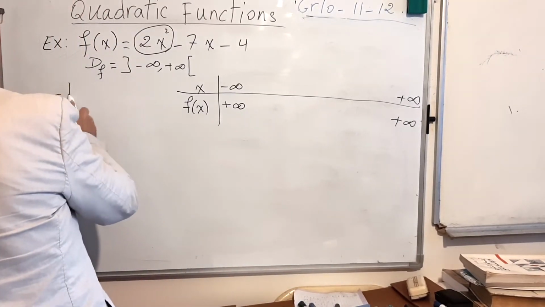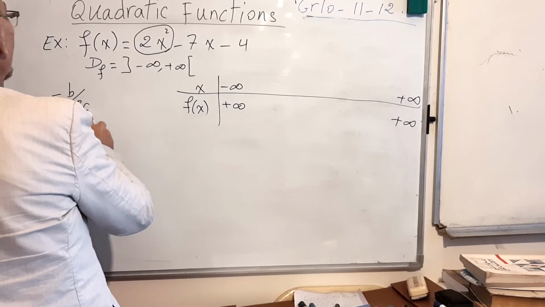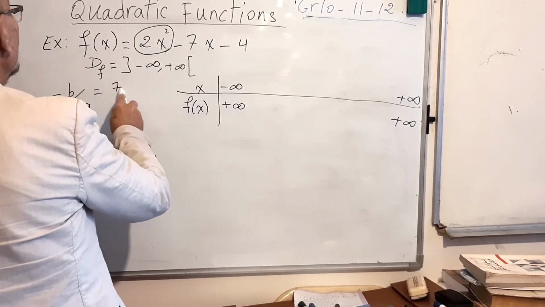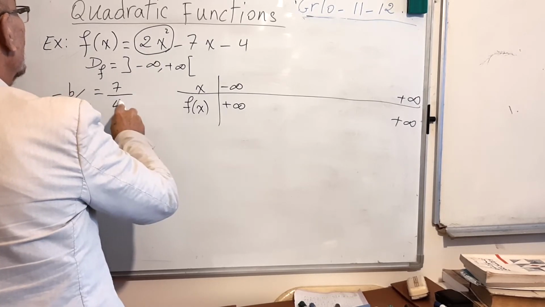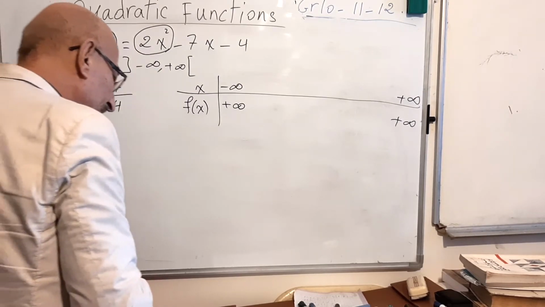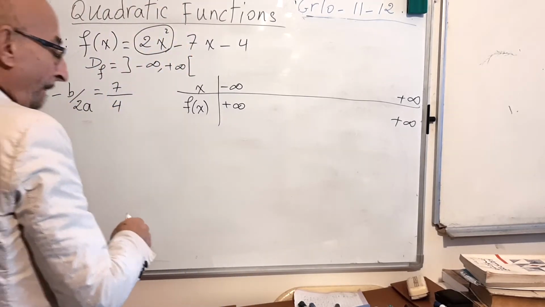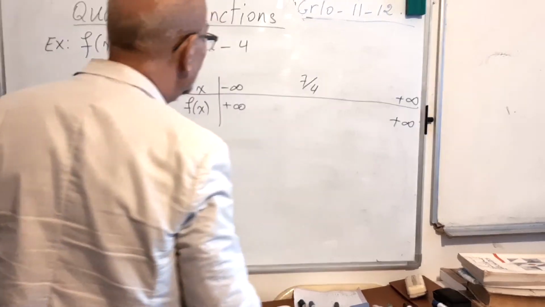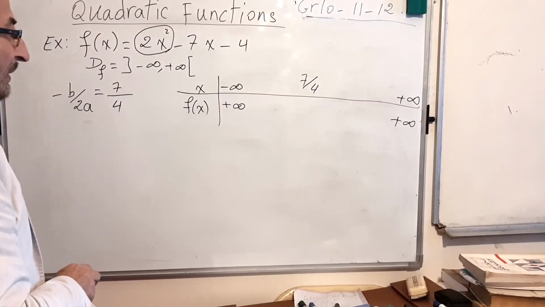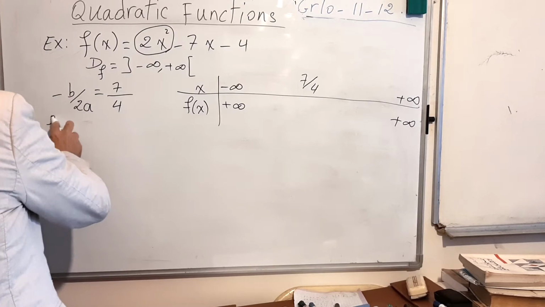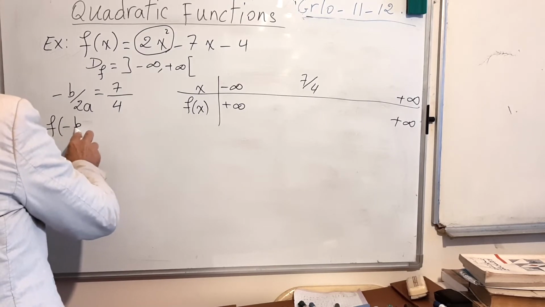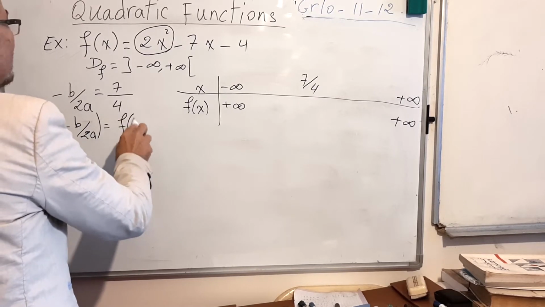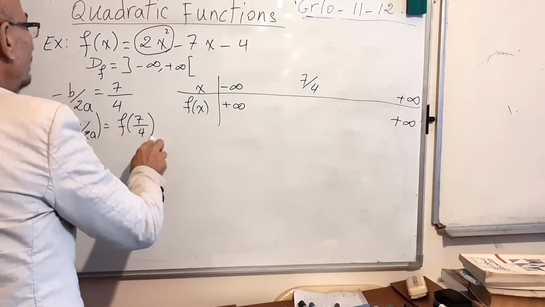The axis of symmetry is minus b over 2a. Minus b is 7 over 2a, 2 times 2 is 4. We take the value minus b over 2a and we calculate f of minus b over 2a equal f of 7 over 4.